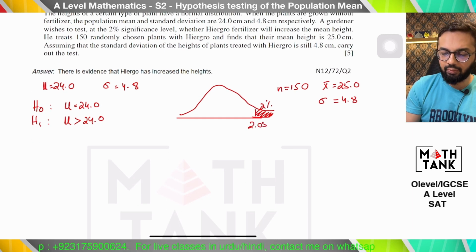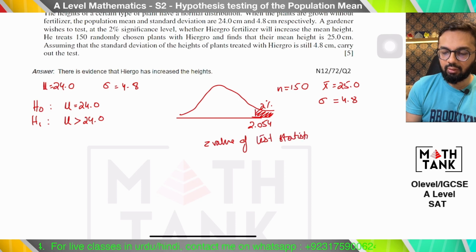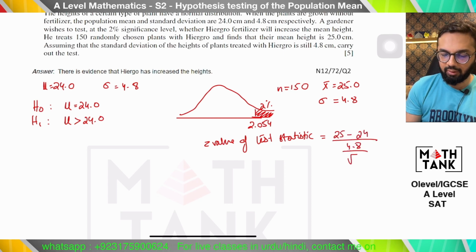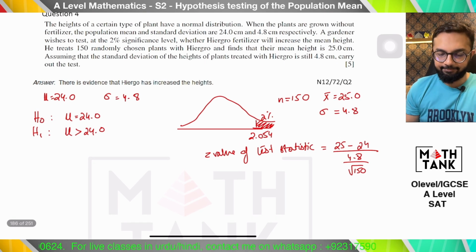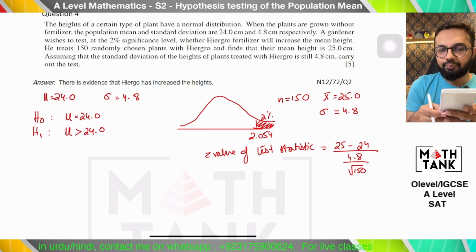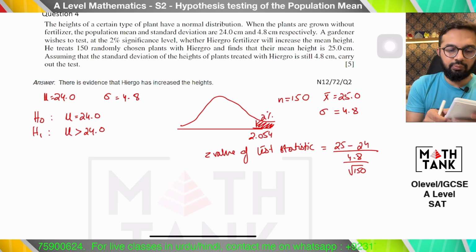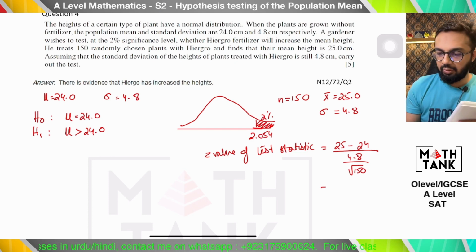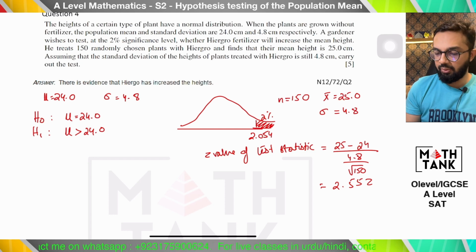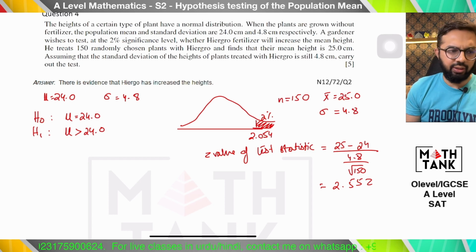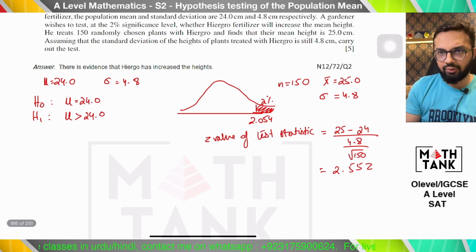I'm going to write 2.054. The z value of the test statistic is 25 minus 24 divided by 4.8 divided by root of 150. It gives me 2.552. So that's pretty high, in the rejection region, so that's fine.